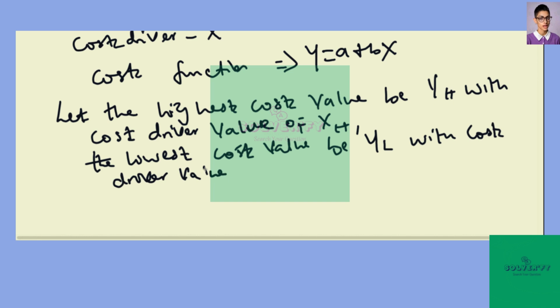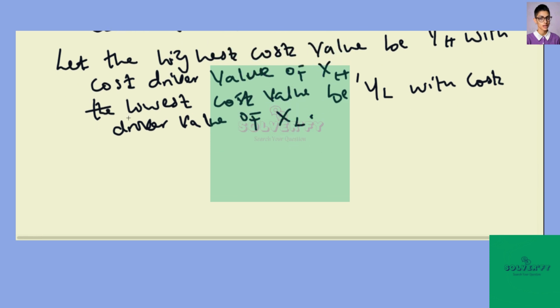So the slope coefficient b under the high-low method will be given by the formula b equals YH minus YL divided by XH minus XL.